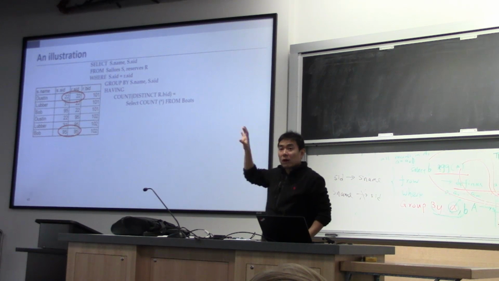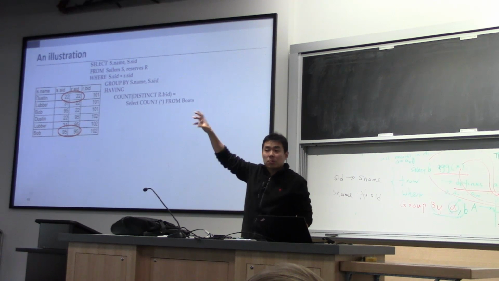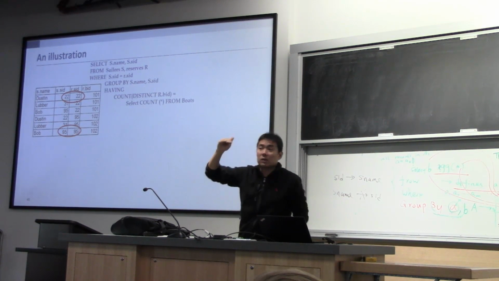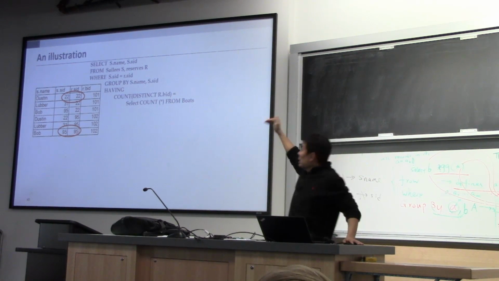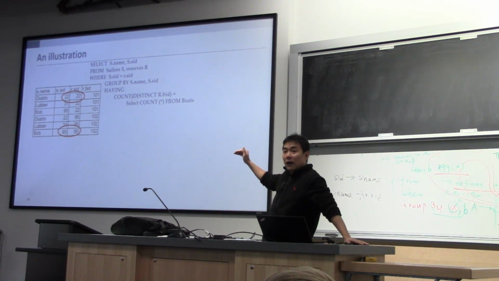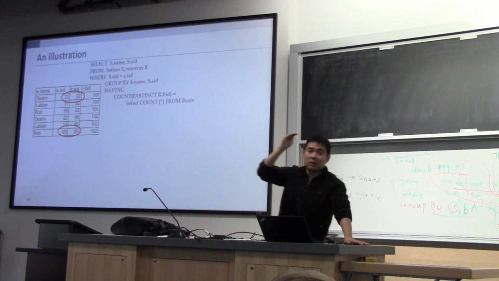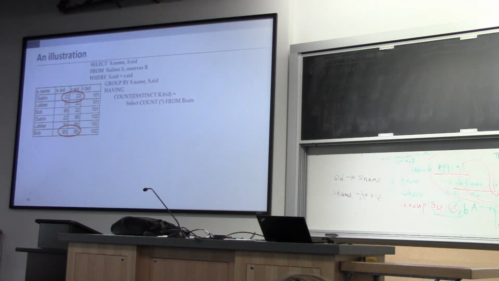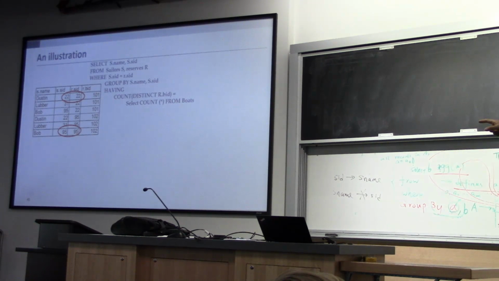Only those two records from my cross product satisfy my where condition, which is checked at the record level. You check each record from the cross product against the where condition. Only two records satisfy that check, as I have highlighted here. So far, so good?